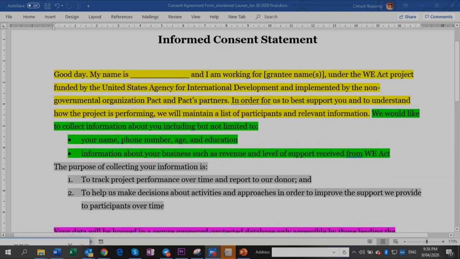For the first part, the yellow color is the basic information of the data collector who collects personal information from the beneficiary. For example, the data collector needs to tell their name and where they are working for, like the grantee name under the ACT funded by USAID.